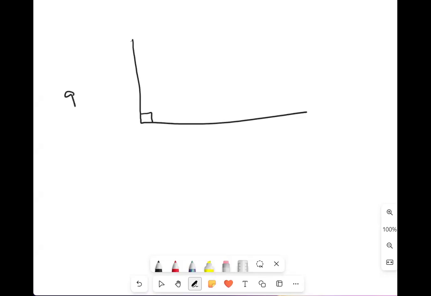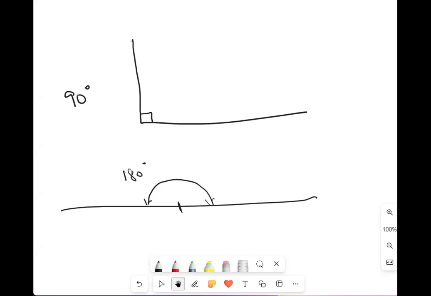A right angle is equal to 90 degrees. Then you might hear of the angle on a straight line. So let's say this is the point of rotation. You have this line and you rotate it to make it into a straight line. This angle here is 180 degrees.